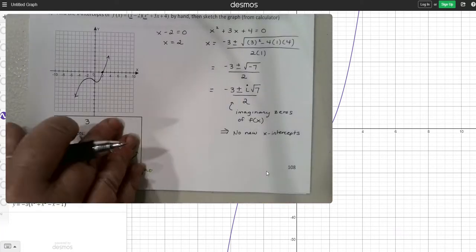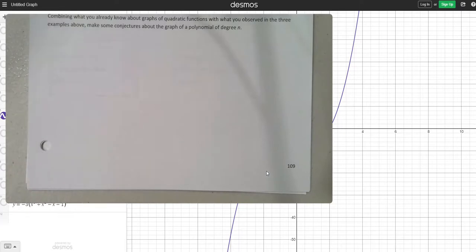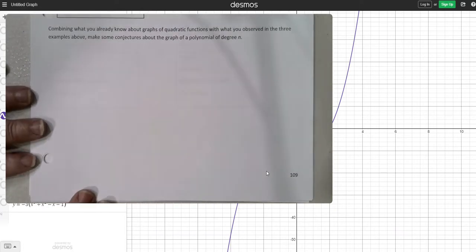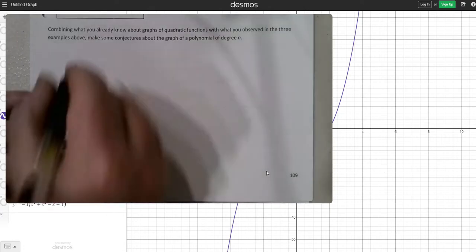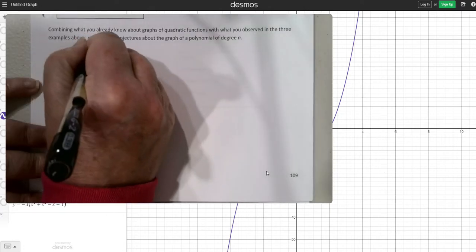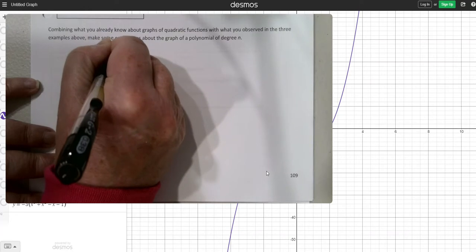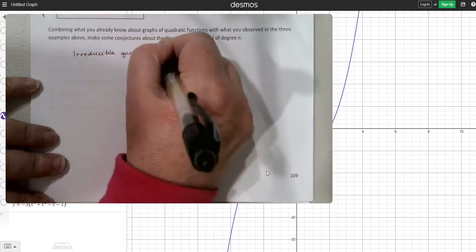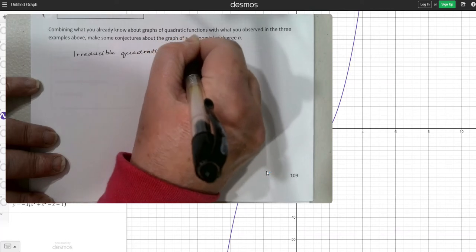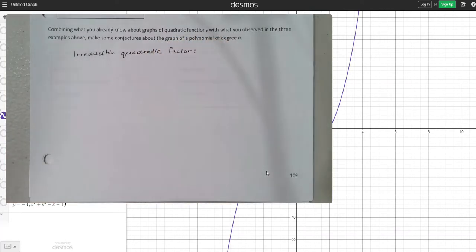I'm actually going to skip the one on number 3 here. It's really no different than things we've already done. So example 3 at the top of page 109, I'm going to skip that over. But let's summarize here at the bottom of page 109 what we kind of figured out. With an irreducible quadratic factor, if it has real zeros, right?